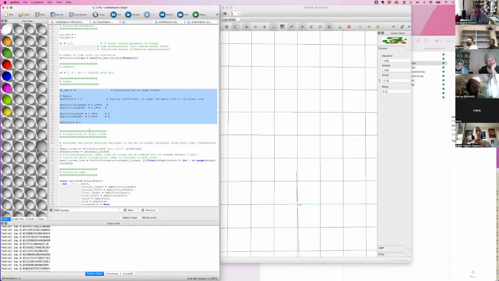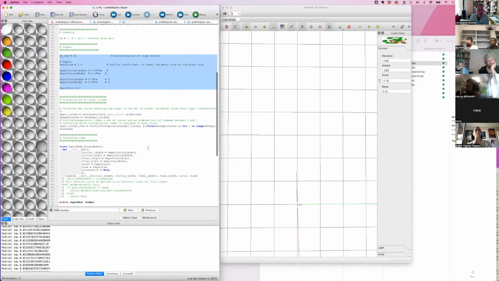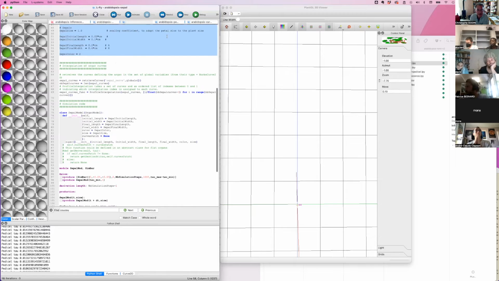And then, because there are composed organs, like for instance a flower that is made of sepals, petals, carpel, etc., we made the same thing, but in a way that is consistent with the fact that the organ is made of smaller organs. So for a simple organ, it comes quite easily, let's say.